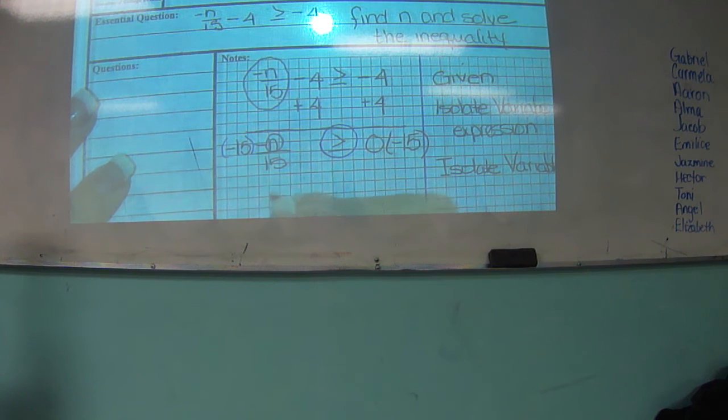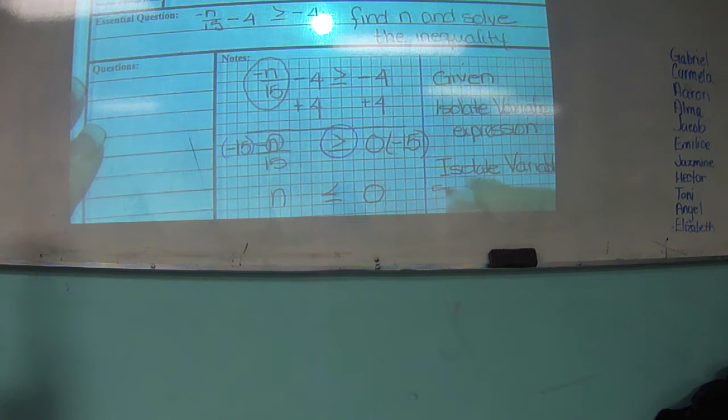So now n is no longer greater than or equal to, it's now less than or equal to, times 0? So it's still 0. 0 groups of negative 15 is still 0, and that's the step where we solve.